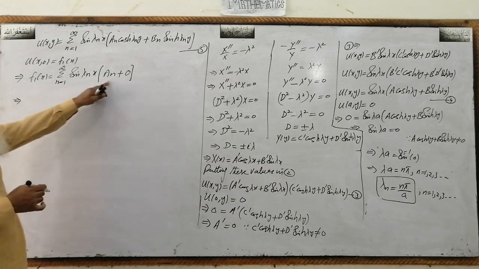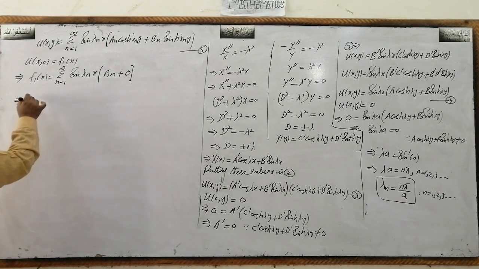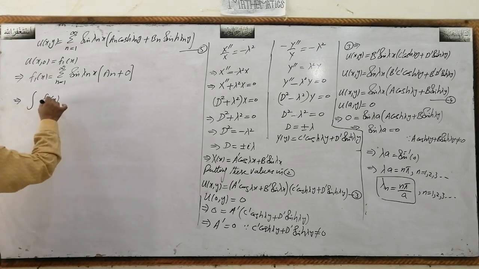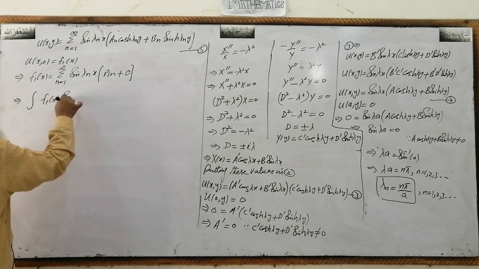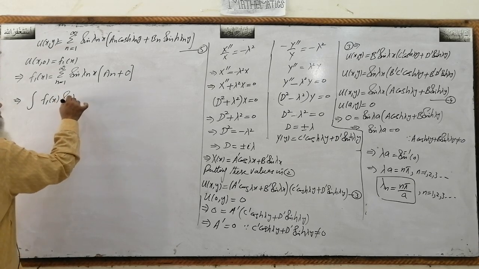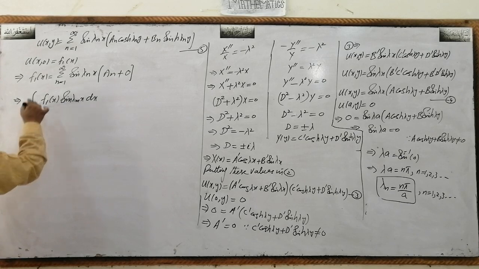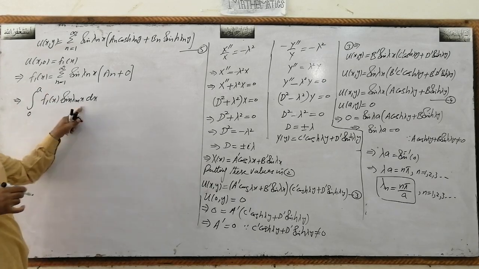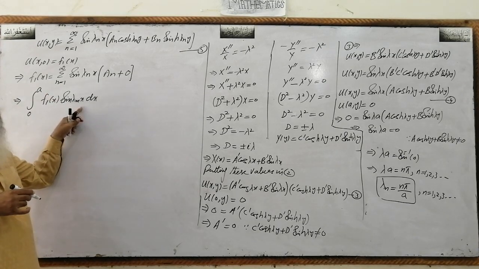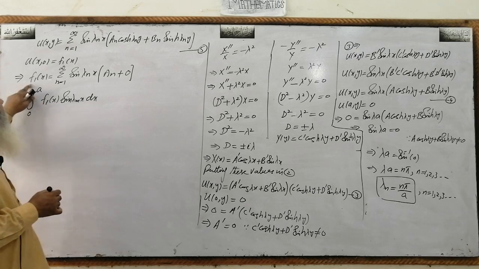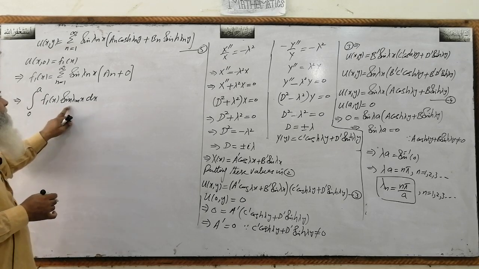In order to get the value of a_n, what we have to do? We have to multiply this function f1(x) by sine lambda m x, and we have to integrate it from 0 to a, because we are integrating with respect to x, and x changes from 0 to a. And now why we are multiplying f1(x) with sine lambda m x and integrating from 0 to a dx?